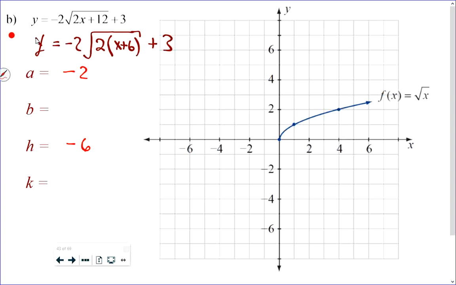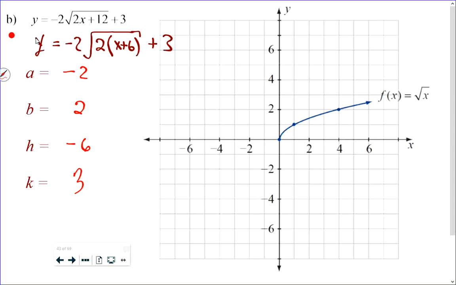B is the coefficient in the argument in front of the x's, which is 2. K is the number that's added to the function after everything else happens, and that's 3. And then h, of course, since we have x minus -h, or x minus -6, gives you x plus 6. h is negative 6. You know h is the opposite of the number, right? If it's x plus 6, h is negative 6.